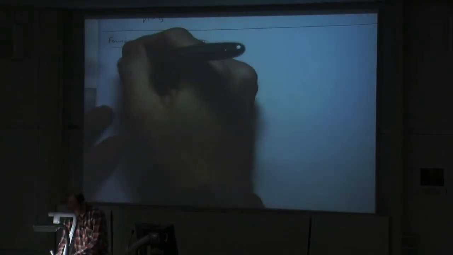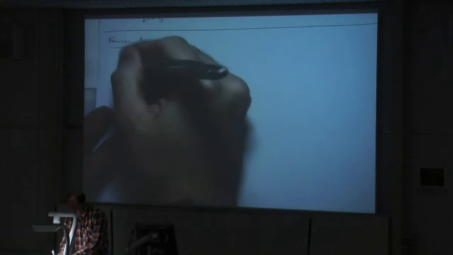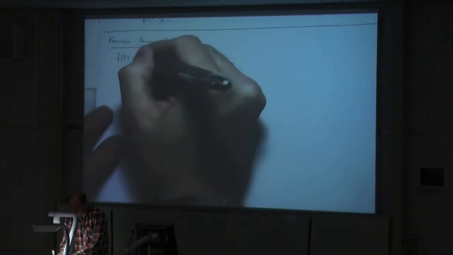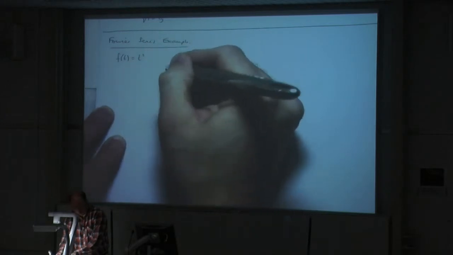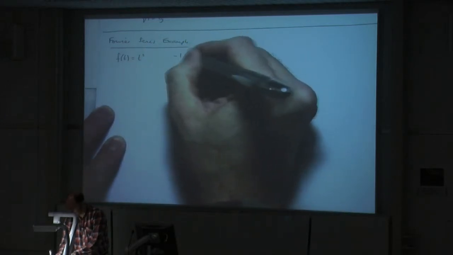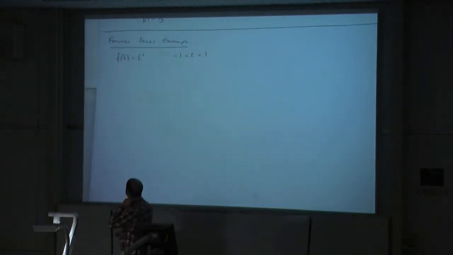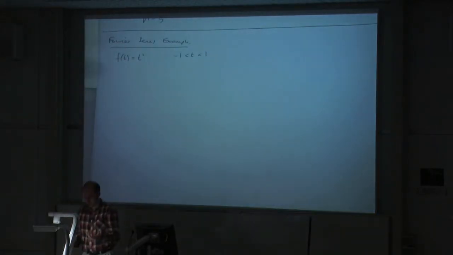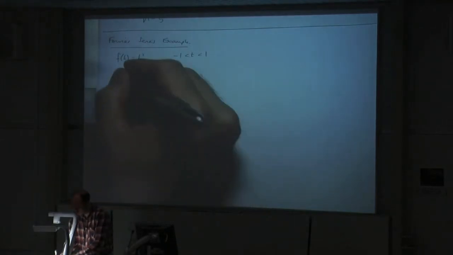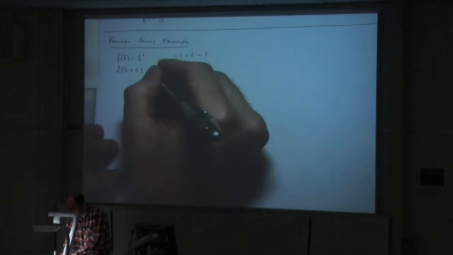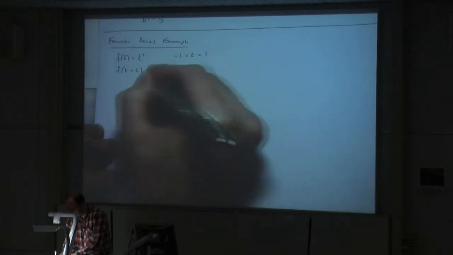The function that's been given, f of t as a function of time, is basically t squared between -1 and +1. It repeats after every 2 seconds, so f of t plus 2 equals f of t.